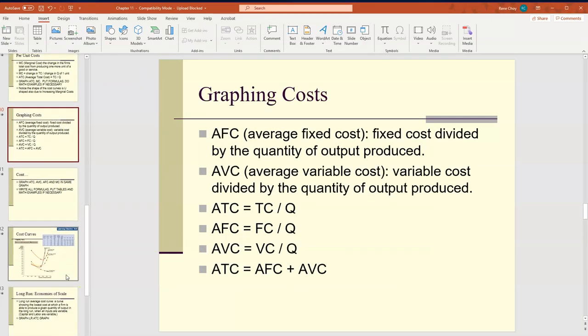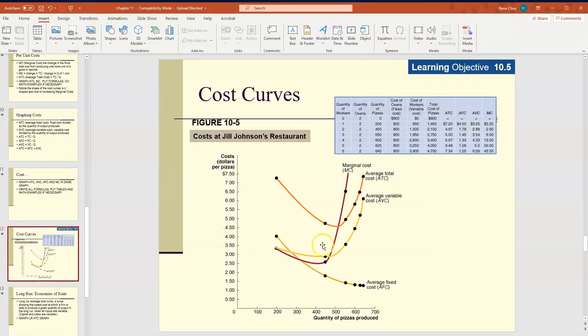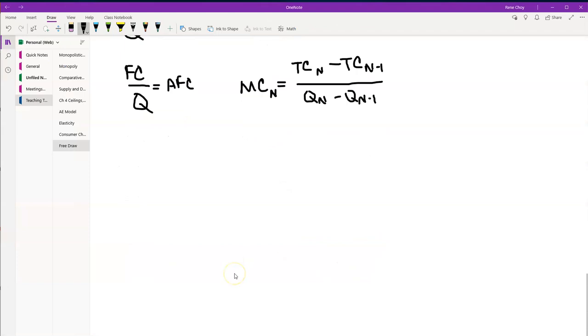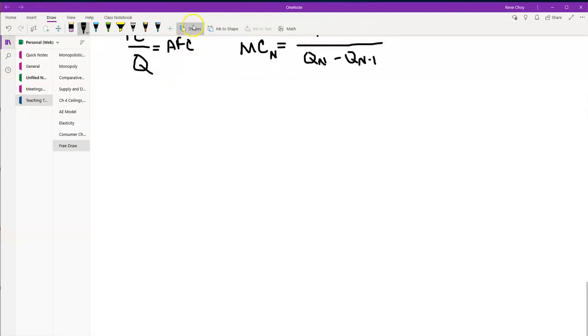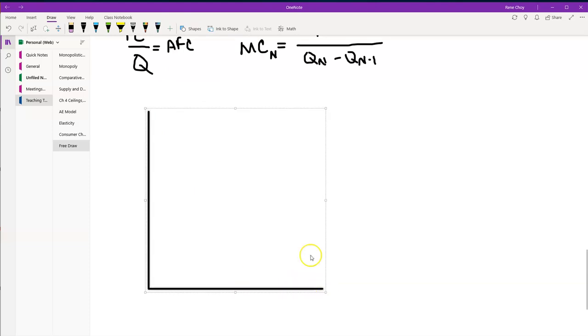Here's an example of both of those put together. Now I like to make my graph when I'm graphing costs. I like to exaggerate some shapes a little bit so that it's easier for us to identify.